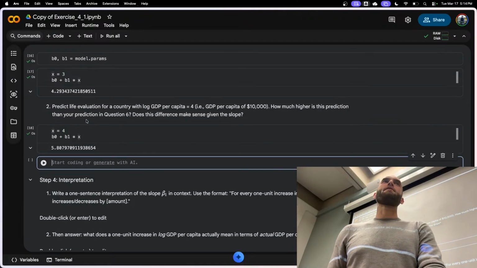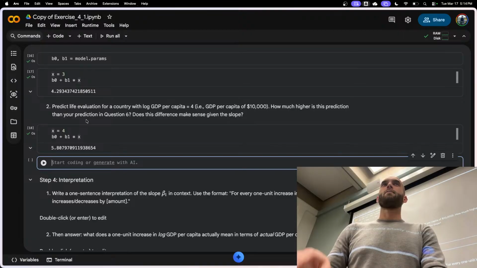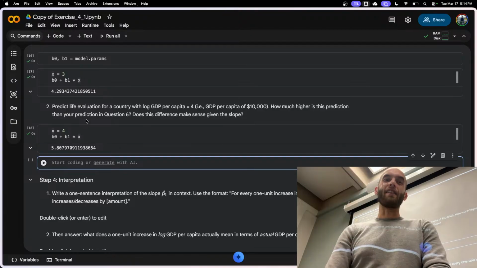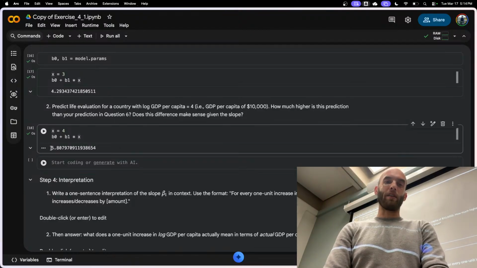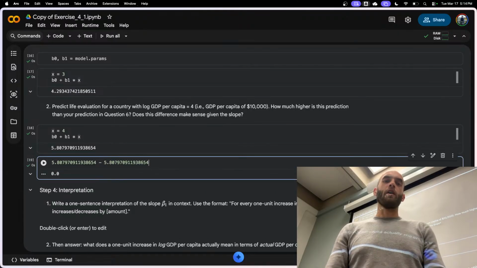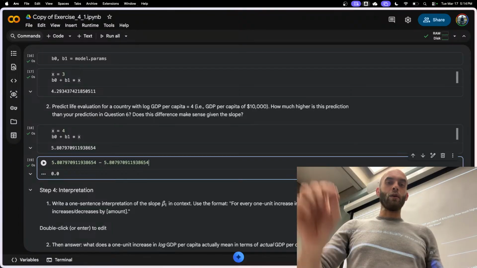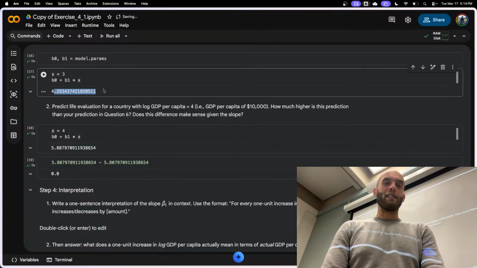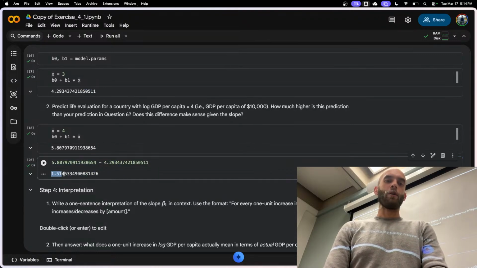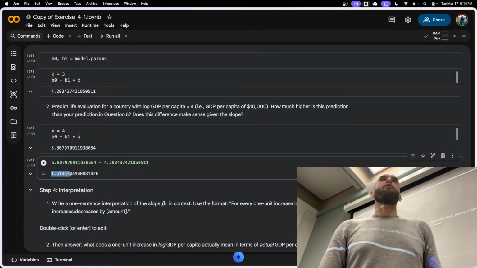So what happens when your log GDP per capita goes up by 1? How does your happiness change? Well, we can just take these two numbers and subtract one from the other. So I'm going to look at the impact of an increase in log GDP per capita of 1. So you're multiplying your income by 10. What happens to your happiness? It goes up by 1.51.